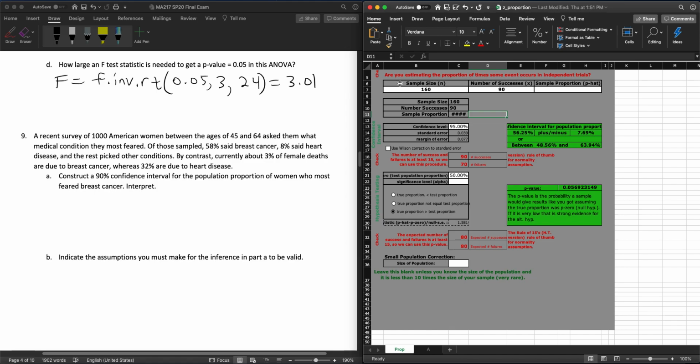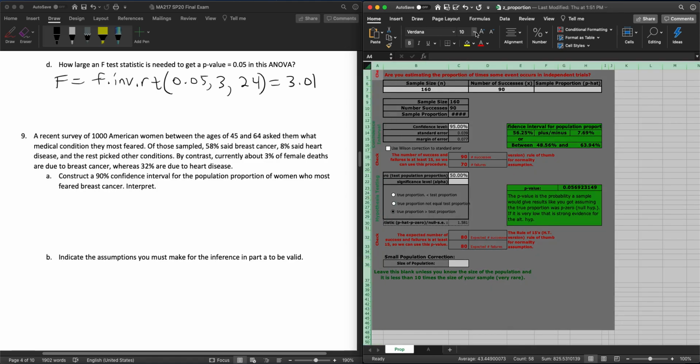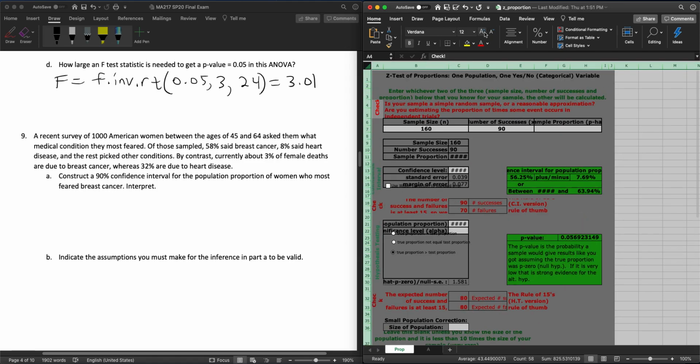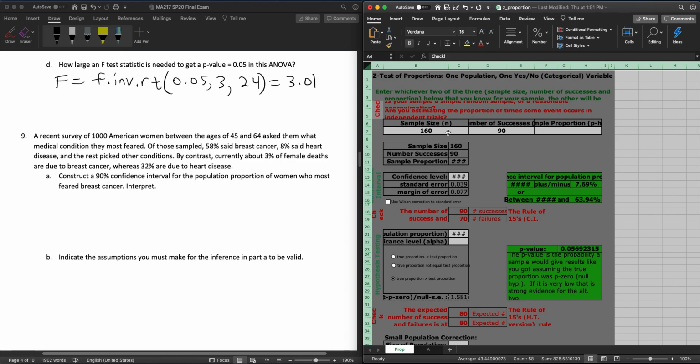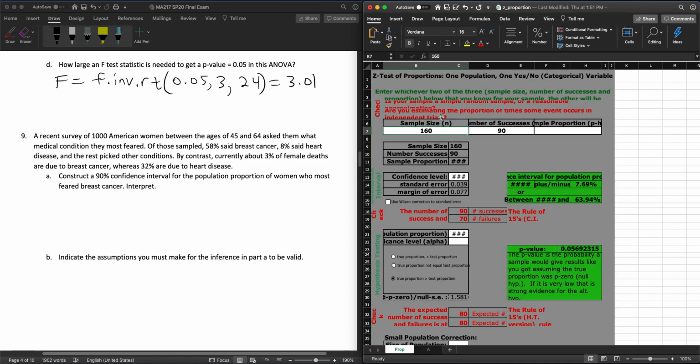This would be our template for this. A bit bigger to see. So we were told that there were 1,000 American women, that being our sample size. And since we're referring to the confidence interval for women who most feared breast cancer, we need a percentage of 58%.